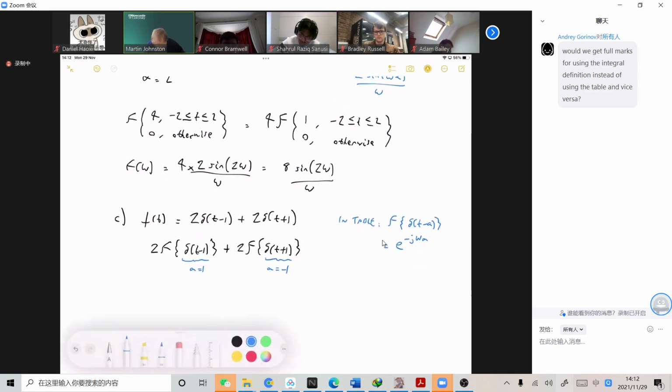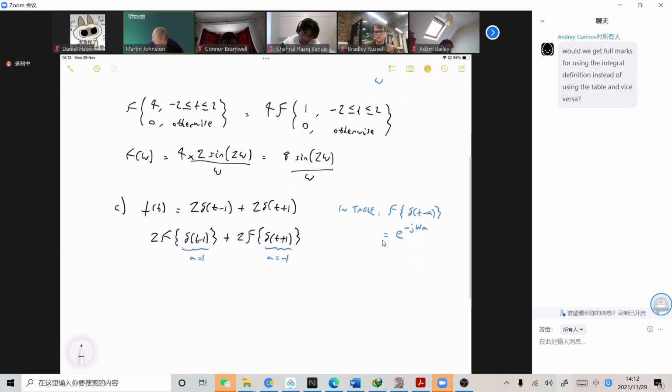So therefore, our Fourier transform would be 2 times e to the minus j omega plus 2e to the plus j omega.